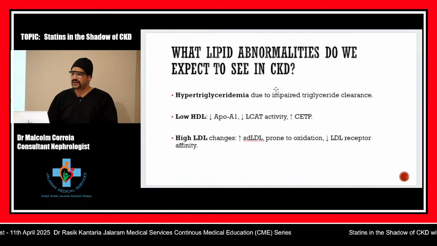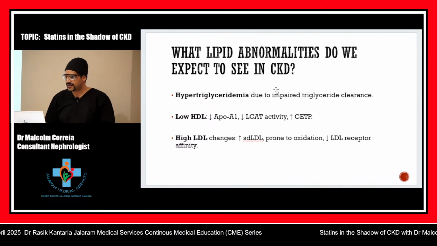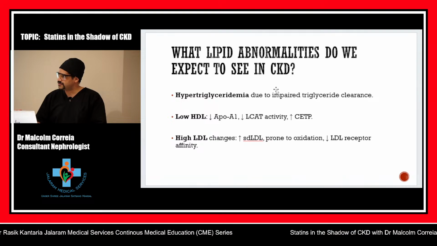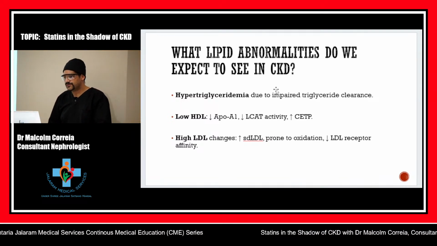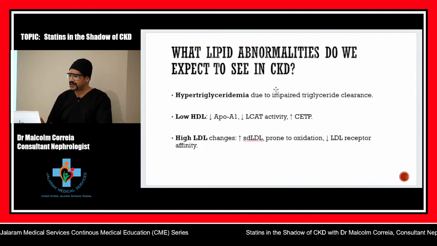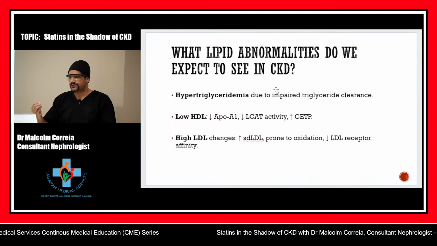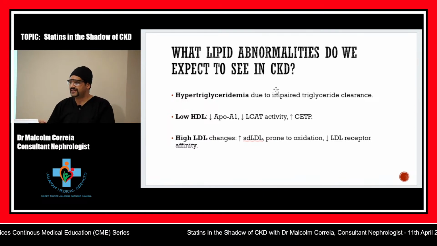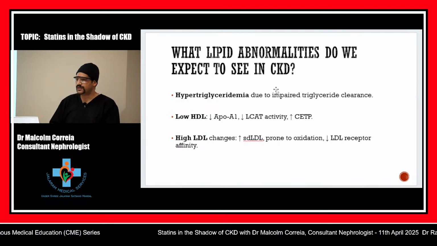As we've said, there is hypertriglyceridemia, mostly because of impaired triglyceride clearance. There is a reduction in HDL, your so-called good cholesterol, because of reduced ApoA1 and LCAT activity, which reduces the amount of HDL and makes the existing HDL impaired. It's not a good quality HDL.